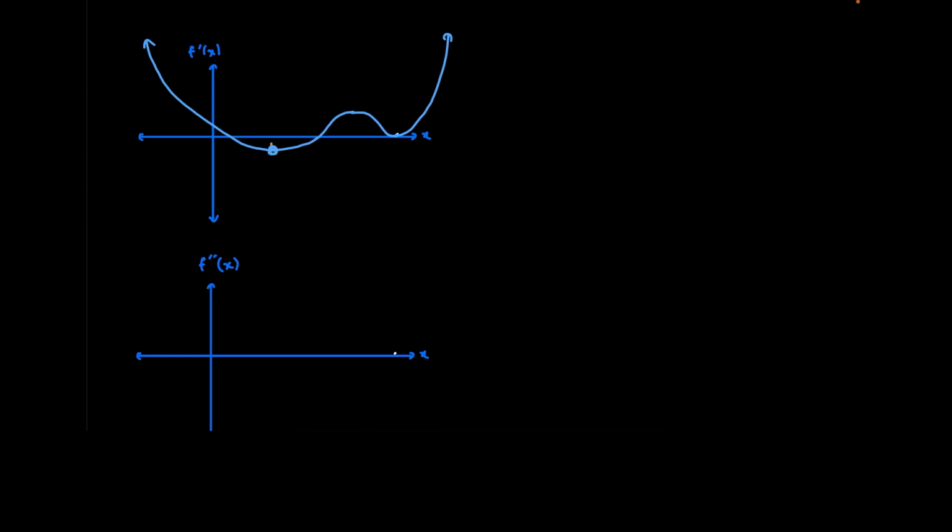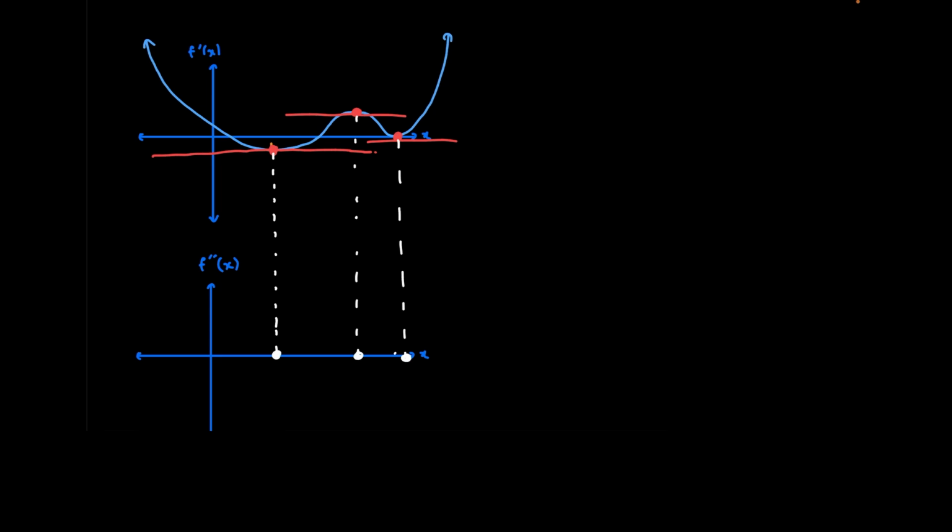These are my stationary points, here, here, and here. It's flat along these points, so on my new graph they should be intercepts, because the derivative of my derivative is equal to 0 along these points. So they should have intercepts here, here, and here.